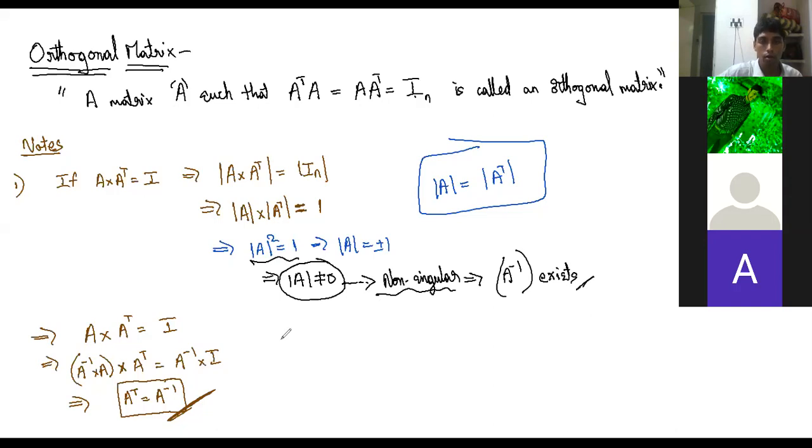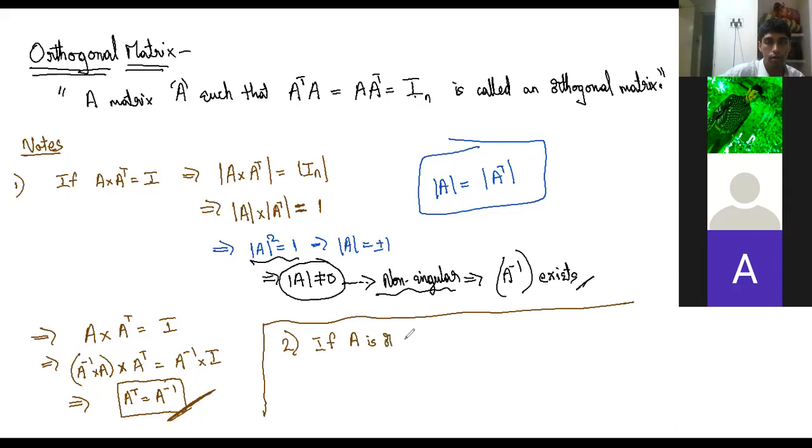Now write the second note here itself. If A is orthogonal, then that implies A transpose is also orthogonal.